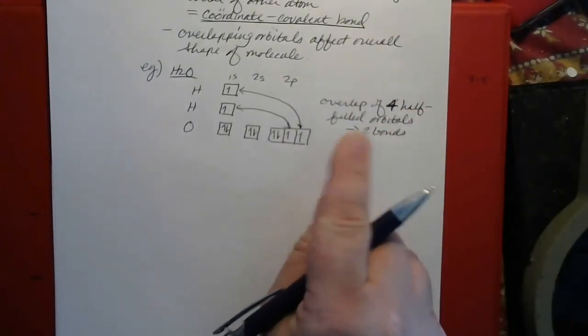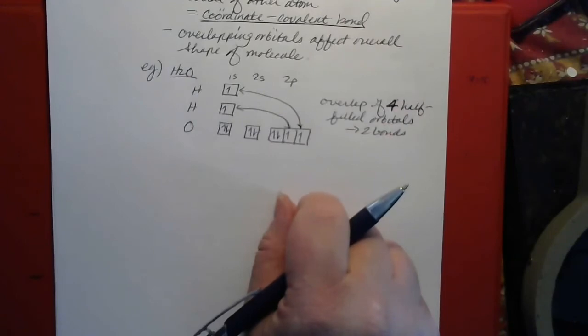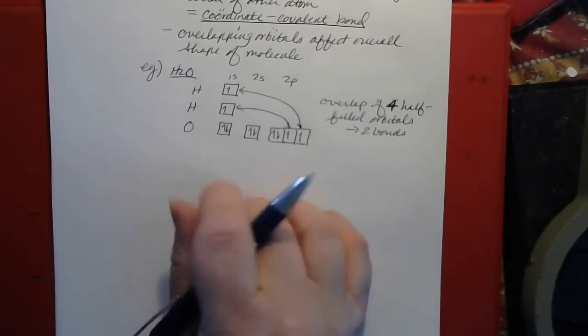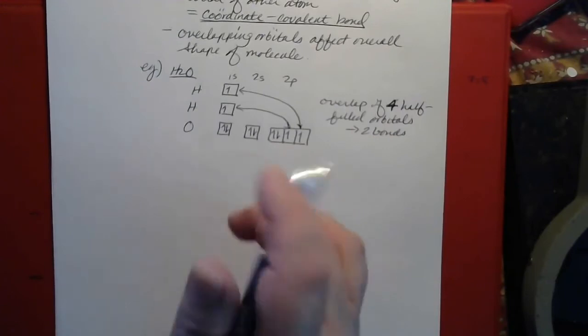And so you end up with two bonds. Okay, so we can calculate the bond angles and the lengths and the strengths from valence bond theory.